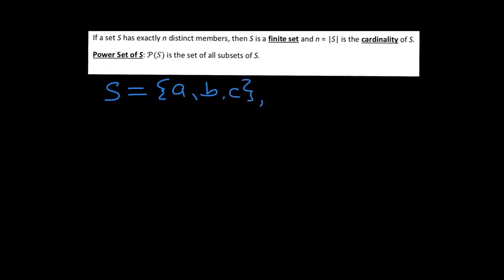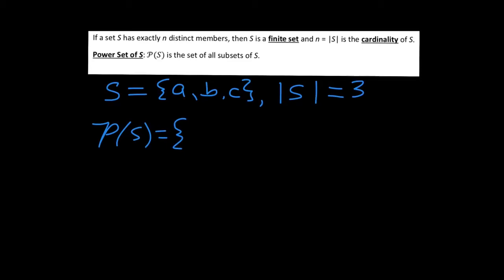Then the cardinality of S is just going to be the number of elements inside the set. It has 3 elements, so the cardinality of S is just equal to 3. Now, what would the power set of S look like? Well, it's the set of all subsets.